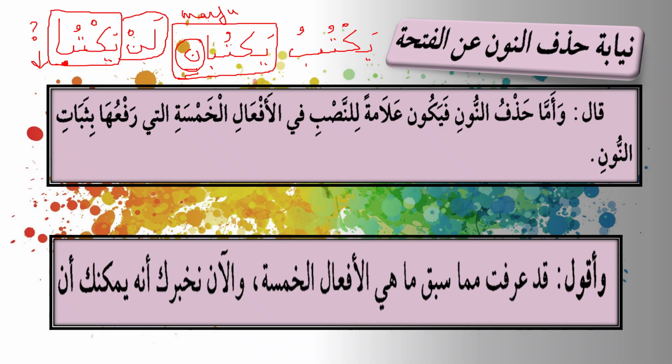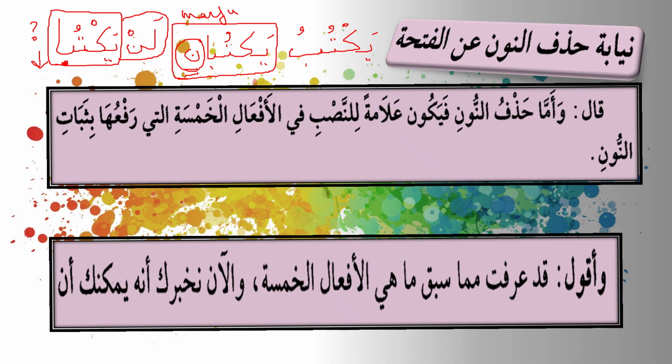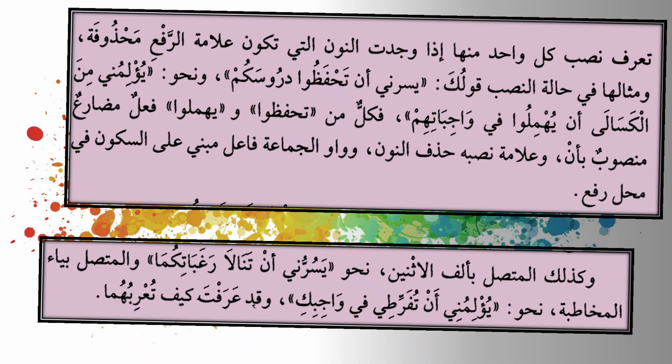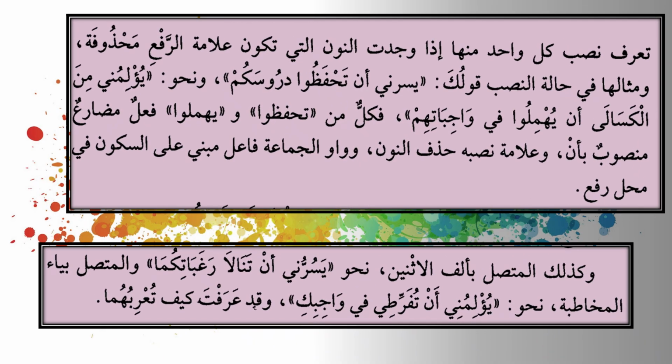So let's see what Mahiyuddin has explained here. أقول قد عرفت مما سبق ما هي الأفعال الخمس. So previously you might have come across all these detailings and studied in the previous lessons. So now he is going to explain more on these afalul khams. تعرف نسب كل واحد منها. Now, what is the sign that you have to know for the nasb case here? كل واحد منها إذا. So one of the signs that you can see in the afalul khams is وجدت النون.